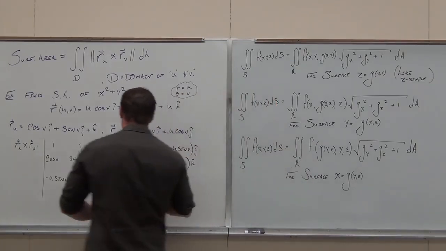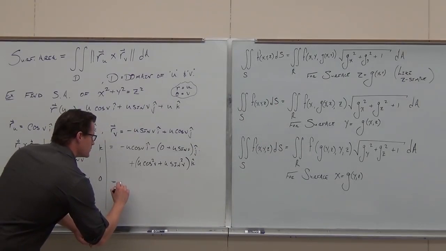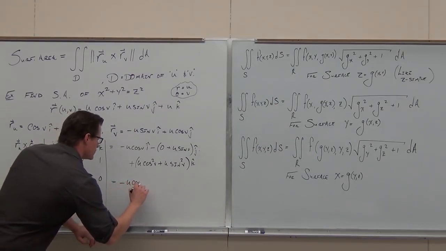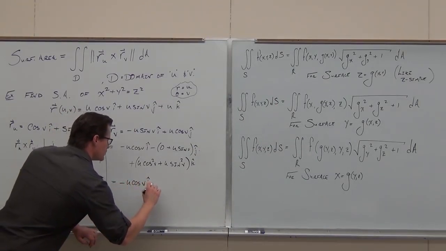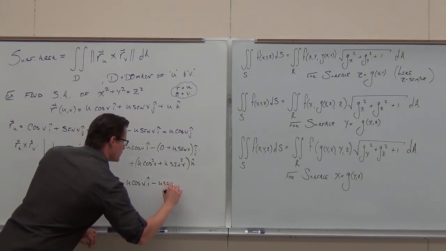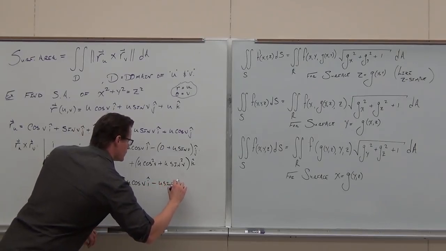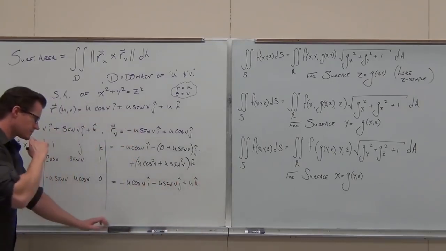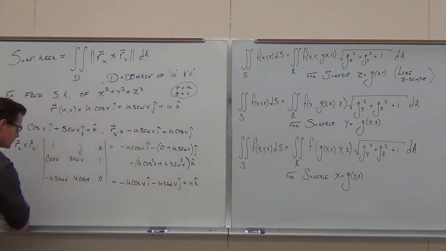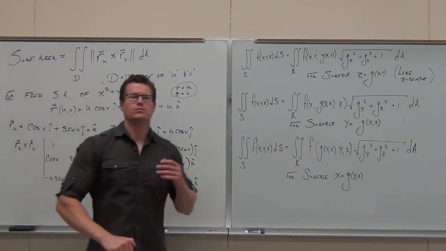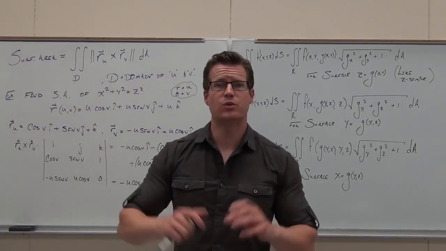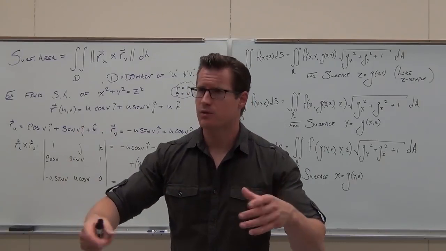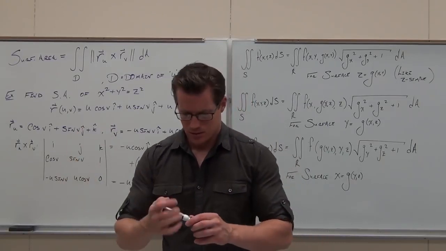Simplify that. Now, find the magnitude. Remember, with magnitude, we square the components, add the components, and square root them. Try it.